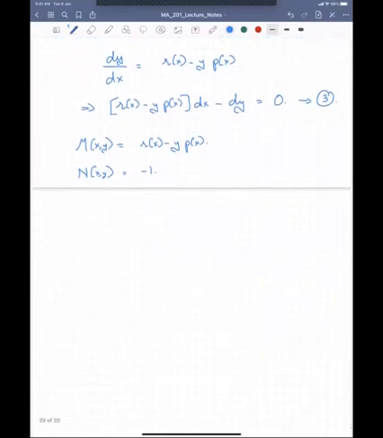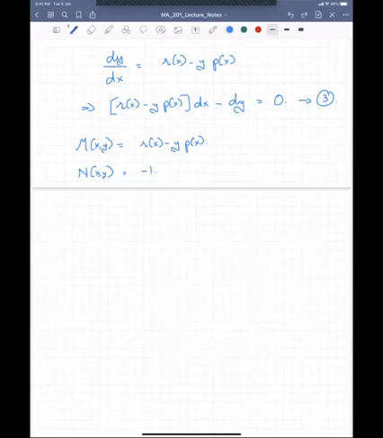Well, by inspection, we can easily see that this is not an exact differential equation, because the derivative of M with respect to y is basically minus P of x, and N is a constant, so the derivative of N with respect to x is 0. So P of x is in general not equal to 0. So this in general is not an exact differential equation. Of course, you know how to bring it to an exact form by figuring out if there exists a suitable integrating factor.